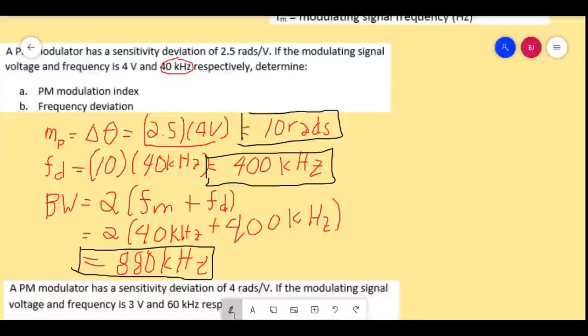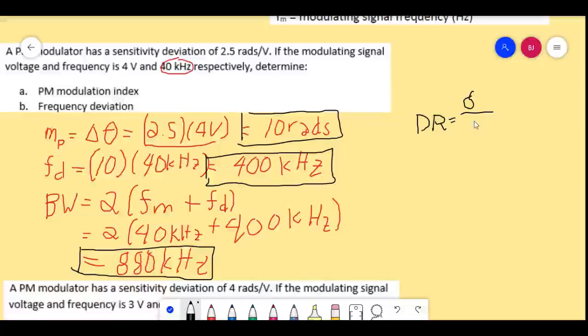So we are again trying to determine deviation ratio, which is equal to maximum frequency deviation over modulating signal frequency. In this case, frequency deviation is 400 kilohertz, divided by the frequency of the modulating signal here.